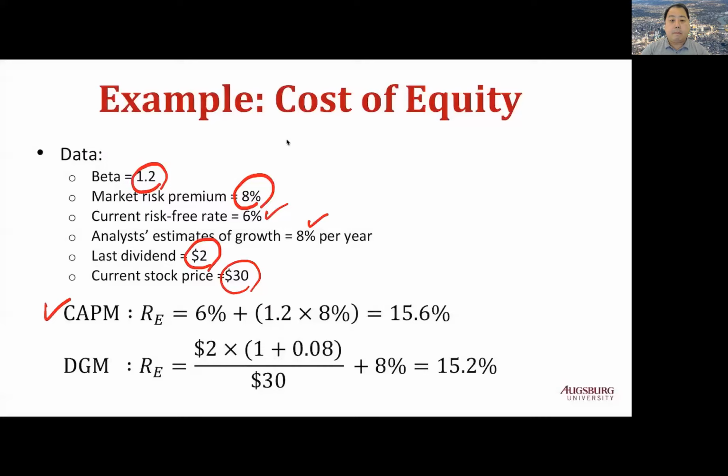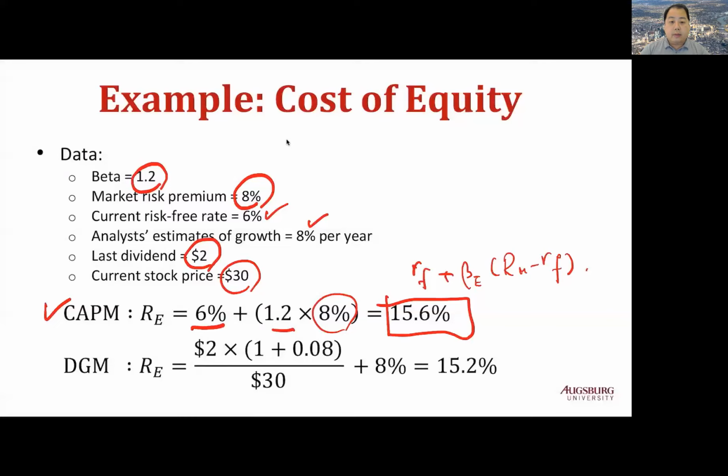Using CAPM, the cost of equity equals the risk-free rate plus beta times the market risk premium. So 6% plus 1.2 times 8% equals 15.6%.